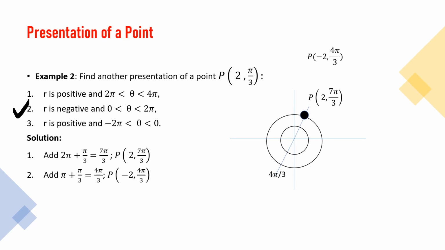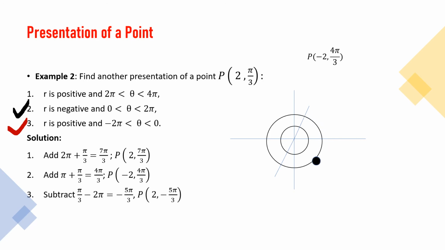Now, if we want r to be positive and theta between negative 2 pi and 0, we can subtract 2 pi from pi over 3.